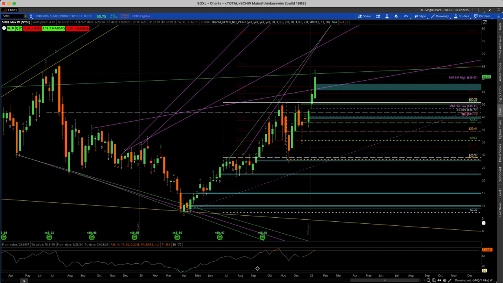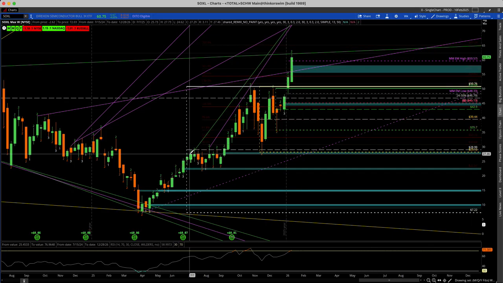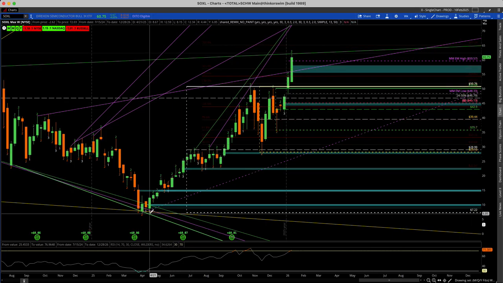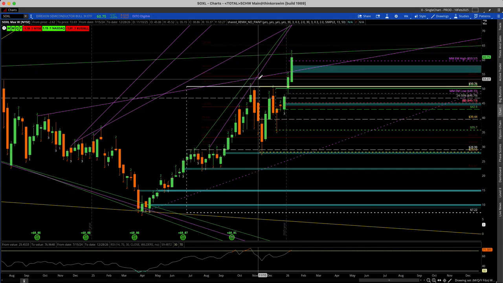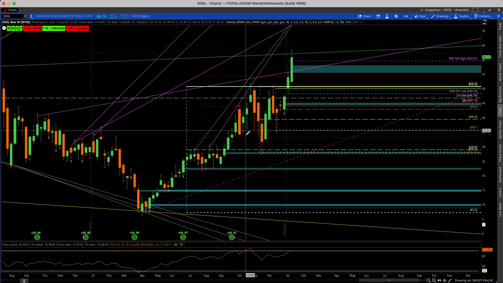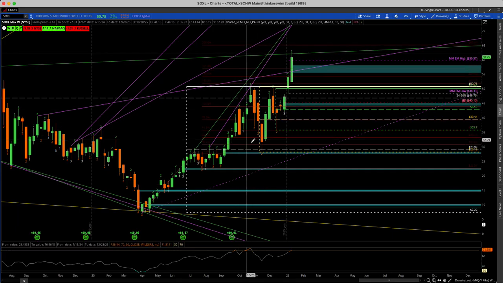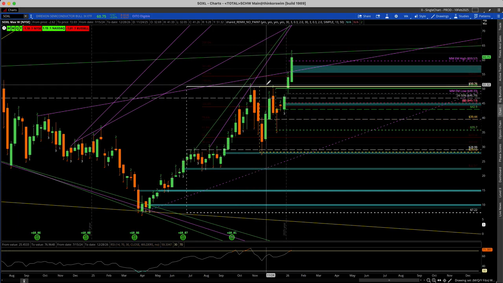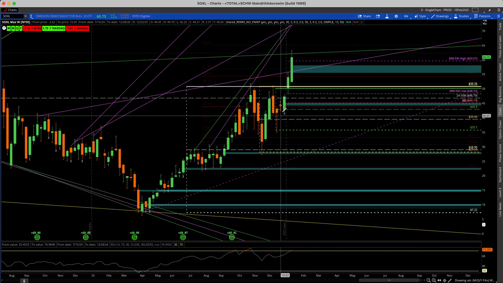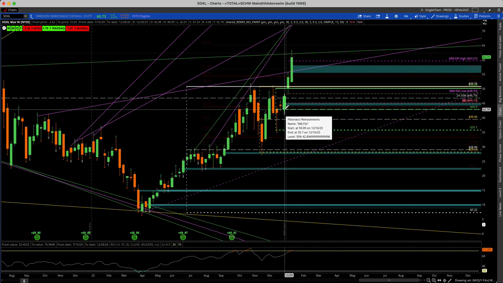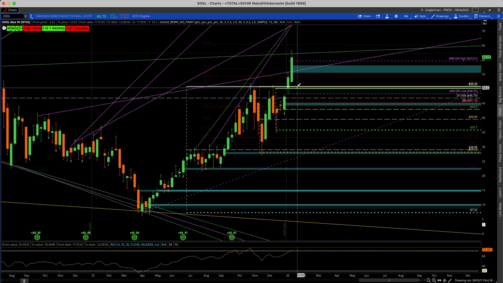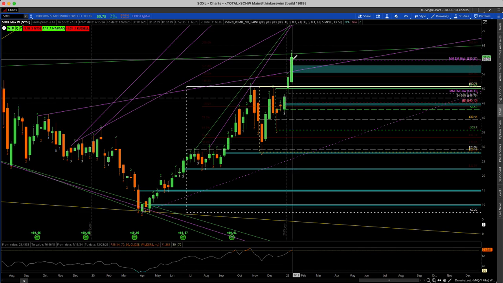Here is the flag pole and the flag from this April 7th low, right? We've had our pop out of that and created a rather large range, right, from essentially 30 to 50, so about a $20 range. We stayed within that for a few months, about from October to December, and then we popped out of there, right?